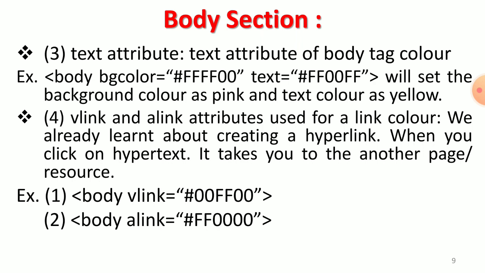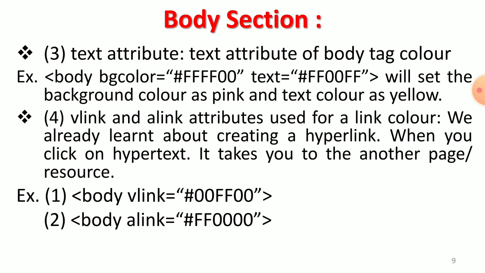When you click on hypertext, it takes you to another page or resource. As you have visited the link, it is identified by the web page as a visited link, and such a link is identified as vlink, while the link that is being visited is called an active link. Active links are identified as alink.